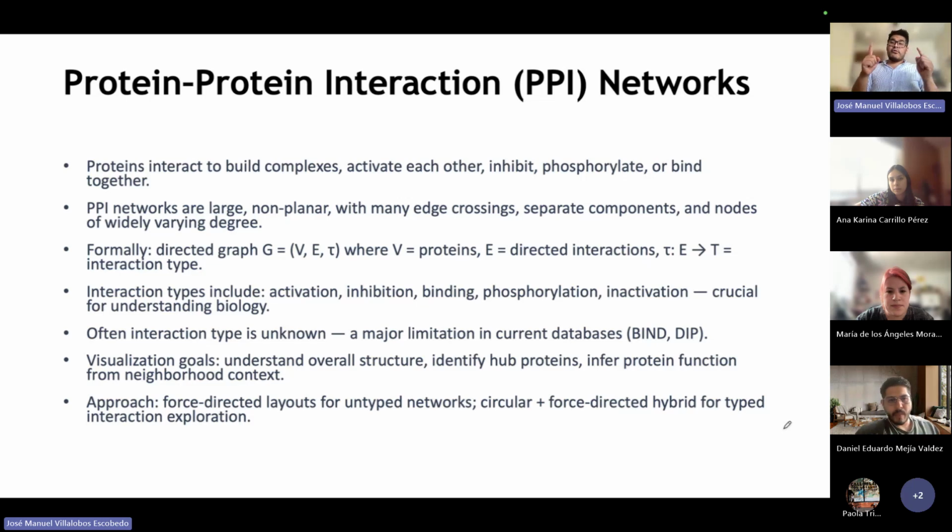So we can know if they are interacting directly. We are not talking about whether they turn on something, but whether they are touching, and after this moment they either activate or inhibit or just give phosphorylation. This is the kind of information that we can see here.